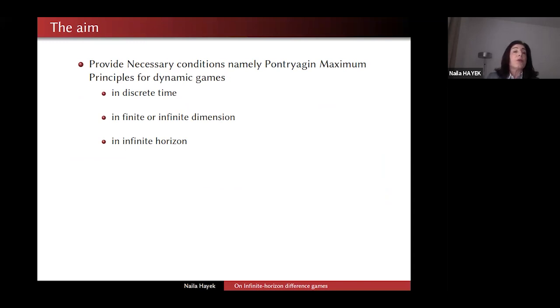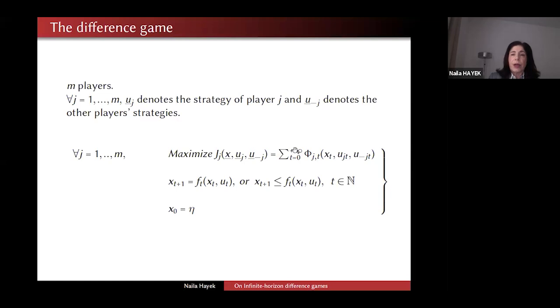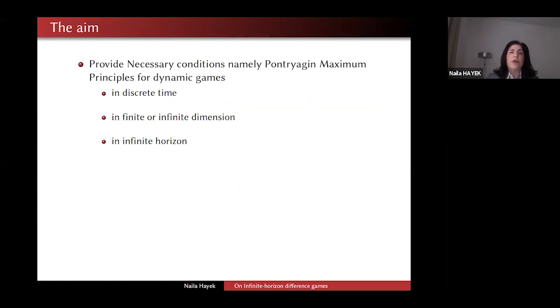The aim is to provide conditions in finite dimension or infinite dimension, and I will show you where this enters, and in infinite horizon, since here you notice that we are in infinite horizon. Now, when I say provide necessary conditions, I will talk very quickly at the end about sufficient conditions also. But my aim is really to give necessary conditions.